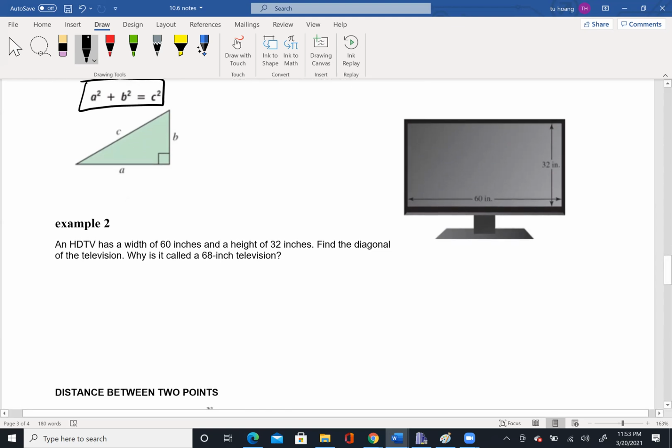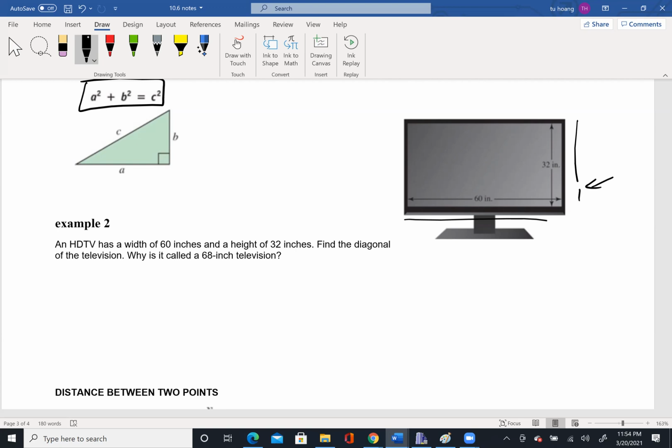Let's say an HDTV has a width of 60 inches and a height of 32 inches. So I have a picture here, 60 inches and 32 inches. Find the diagonal of the television, and why is it called a 68-inch television?